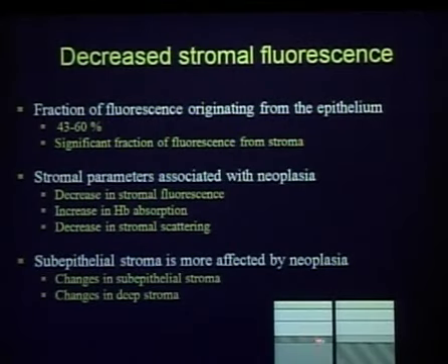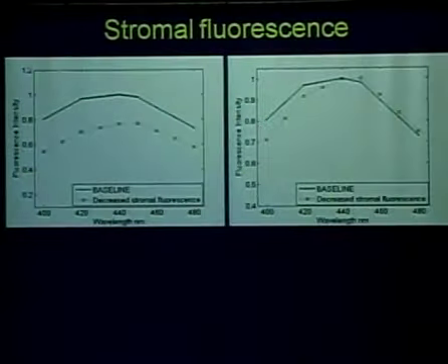And so what we did next was we looked at what happens if you change the optical properties of the stroma. And we changed it in 2 ways. First, we changed just that superficial stroma, that 125 microns right beneath the basement membrane. And then we looked at changing the optical properties of the deeper stroma, because we wanted to understand how deep we are probing with our ball lens tipped probe.